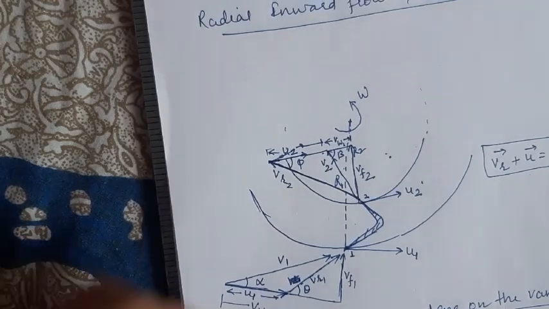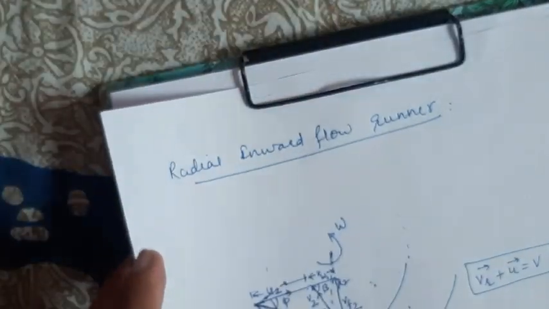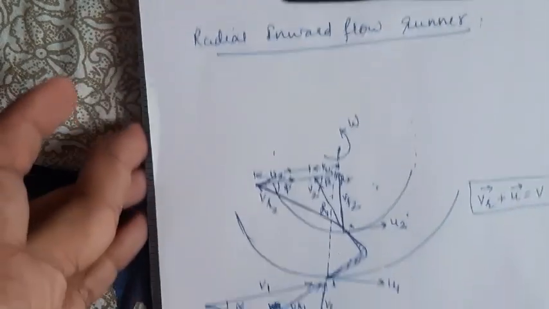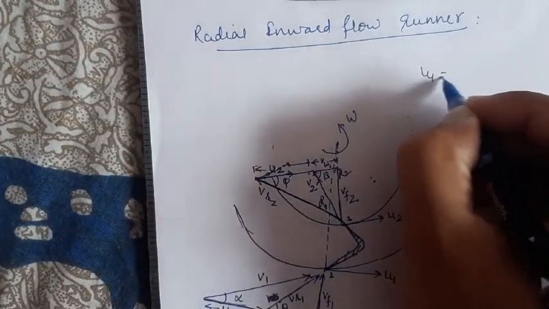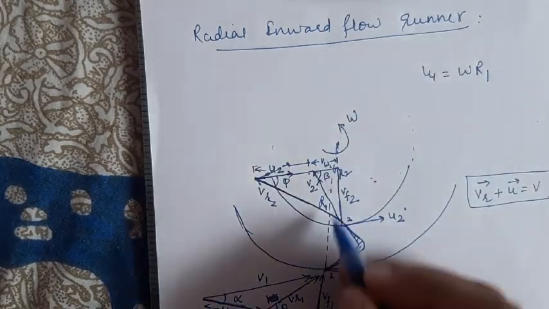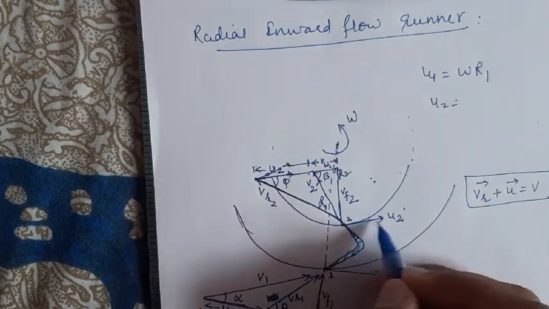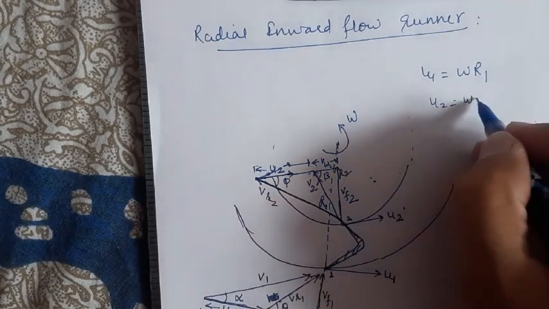Now we will talk about the radial outward flow runner. Sorry, one thing I left. Here you can observe that u1 equals omega into r1, and u2 equals omega into r2.